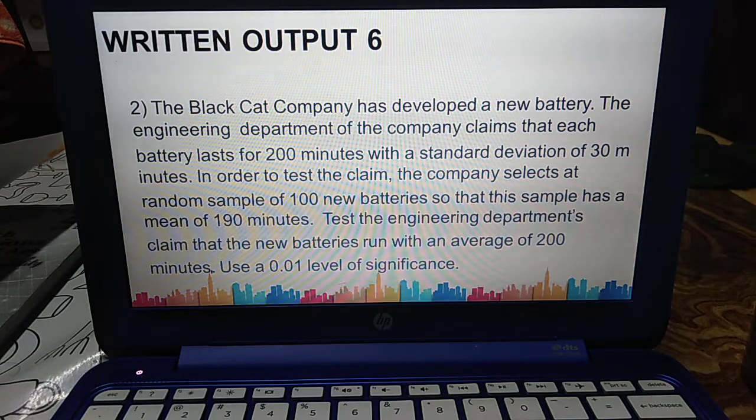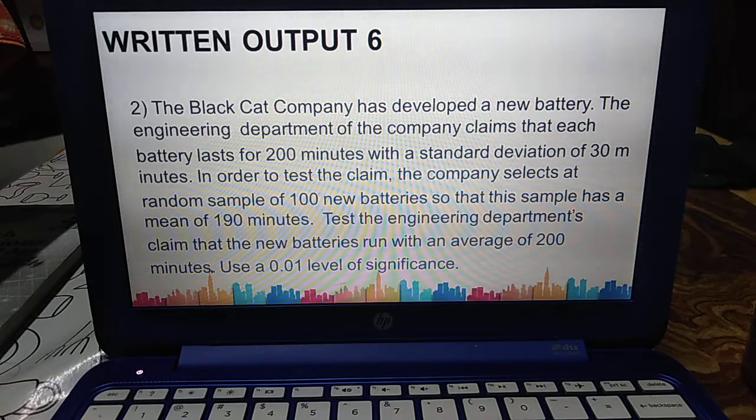Number 2, the Black Cat Company has developed a new battery. The engineering department of the company claims that each battery lasts for 200 minutes with a standard deviation of 30 minutes. In order to test the claim, the company selects a random sample of 100 new batteries so that the sample has a mean of 190. You are to test the engineering department's claim that the new batteries run with an average of 200 minutes. You now make use of 0.01 level of significance.